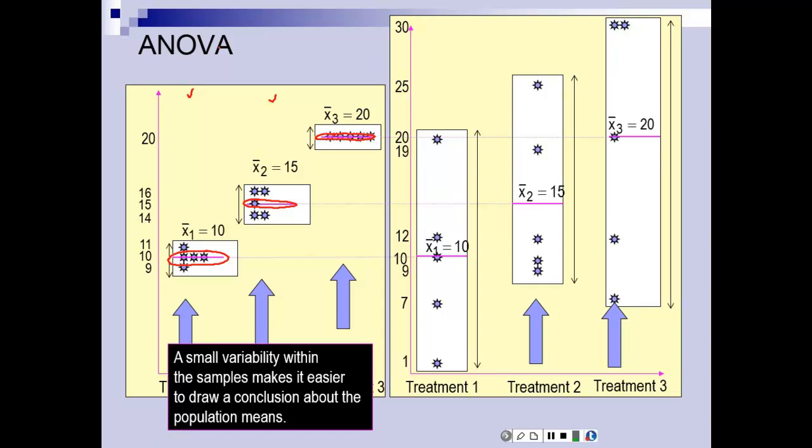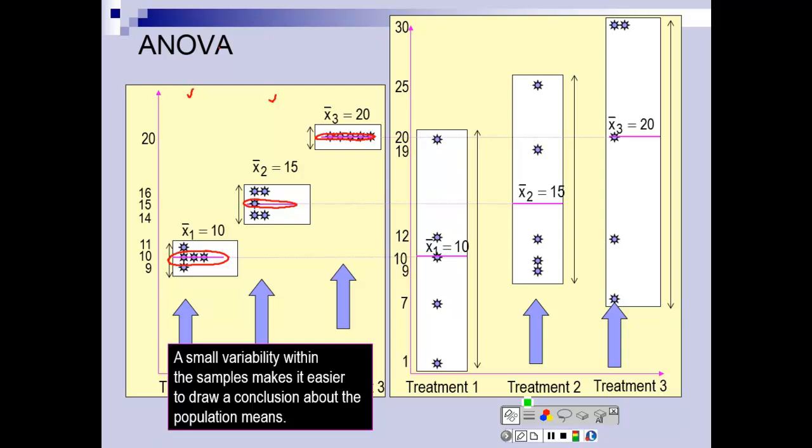And so, we can kind of use this as a review for all the hypothesis testing we did for means.